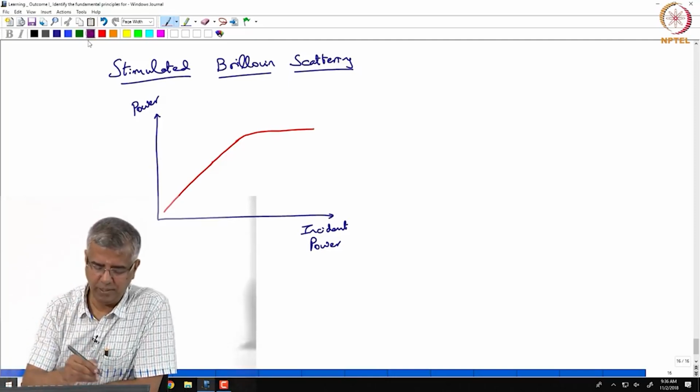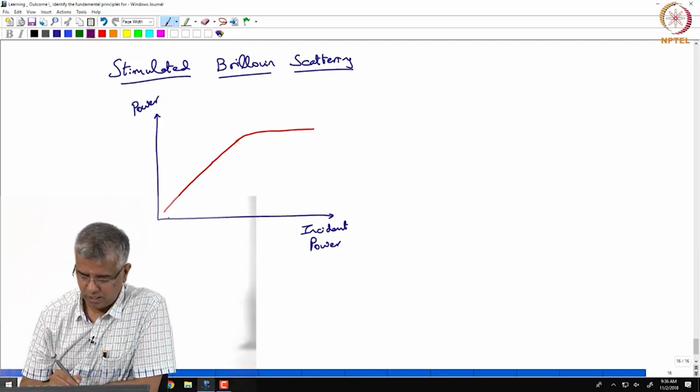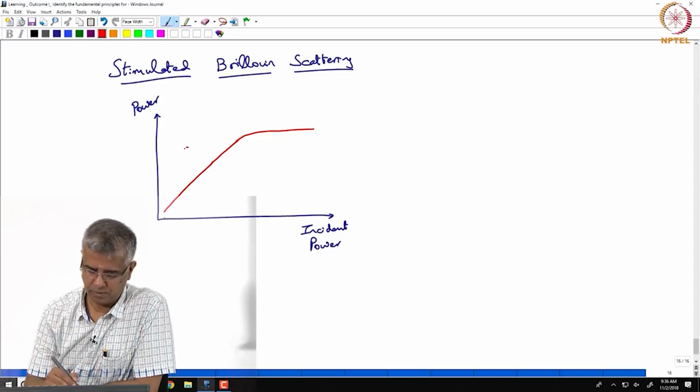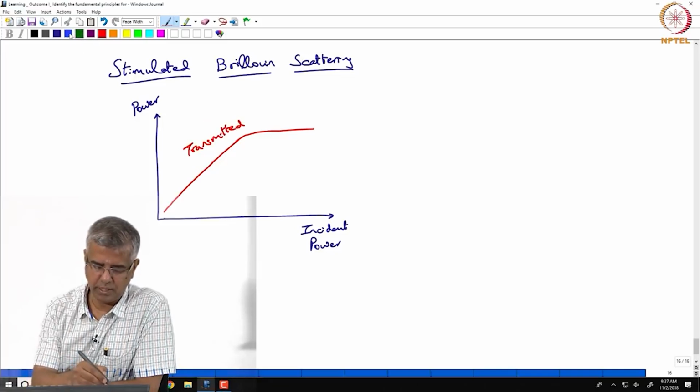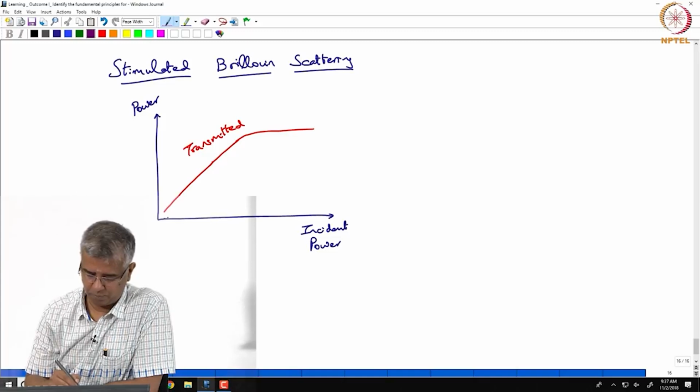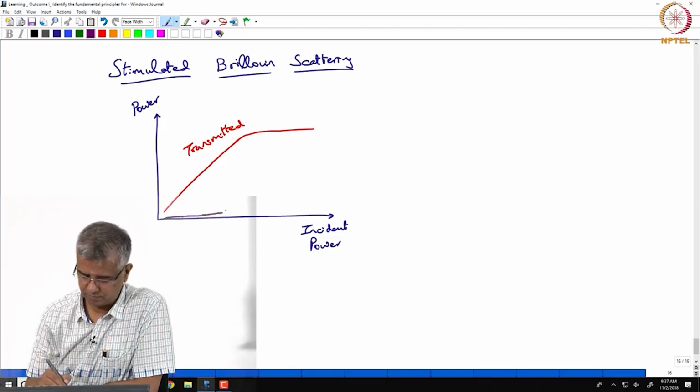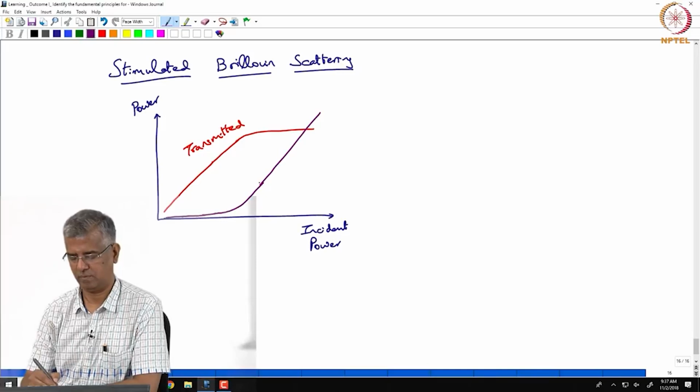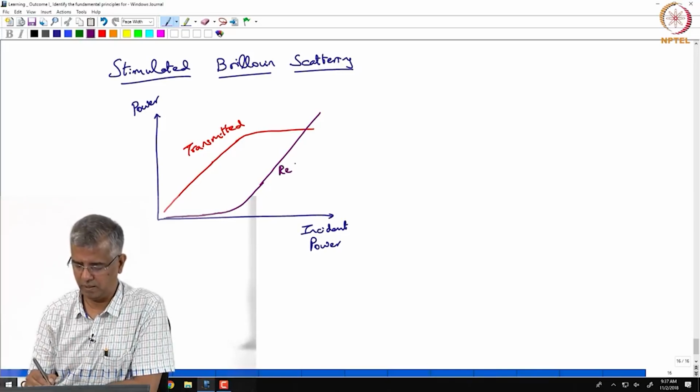Why is this happening? Well, this is on the transmitted power, but if you look at the back reflected power, the back reflected power would be like this. So this is my reflected power.